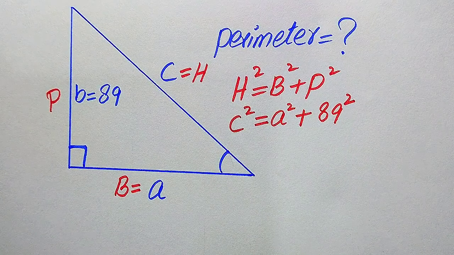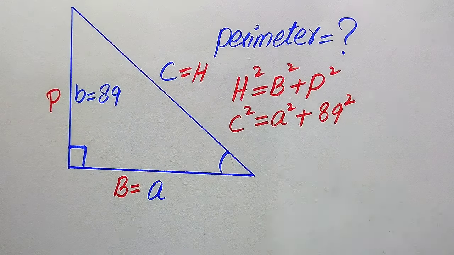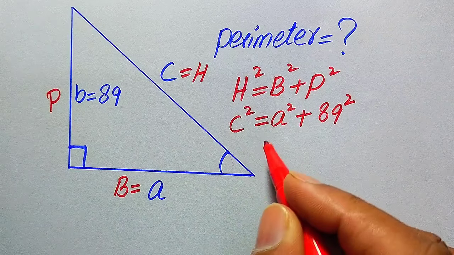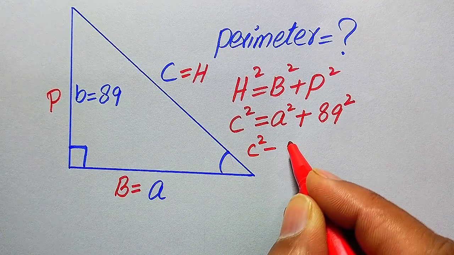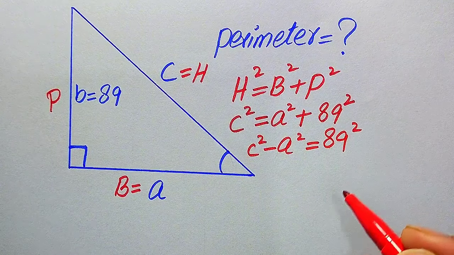So further in the next step, because our target is to find the values of A and C, for this we move A square to the left hand side and it becomes C square minus A square equals 89 square.